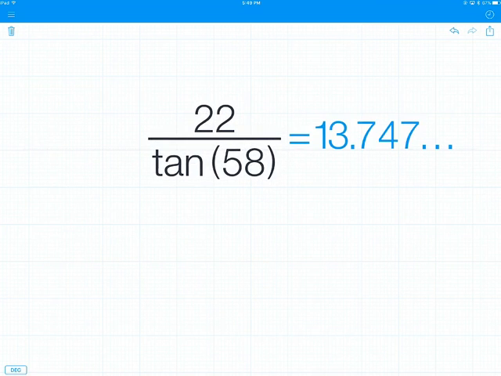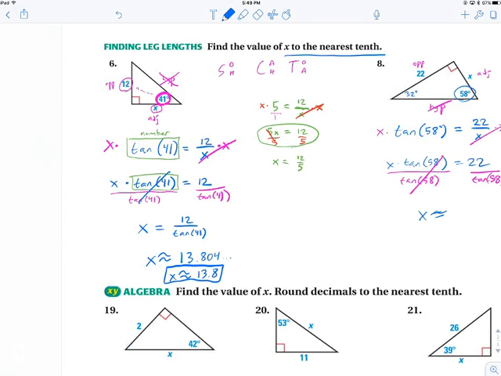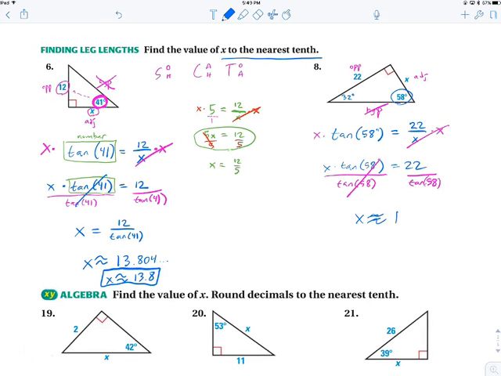Okay, so that missing side is 13.747. So x is around, to the nearest tenth, 13.7.